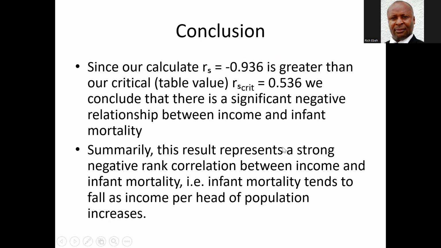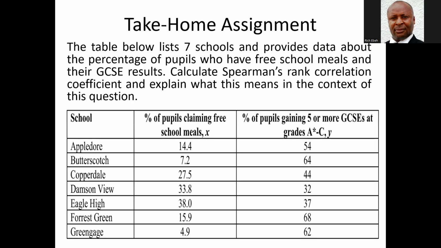What this simply means is that, and I'm not saying this is a real study, but assuming we do a real study and we come out with this, as psychologists, we always advise that countries should make sure that income per head of the population is increased, as this will result in reduced infant mortality.